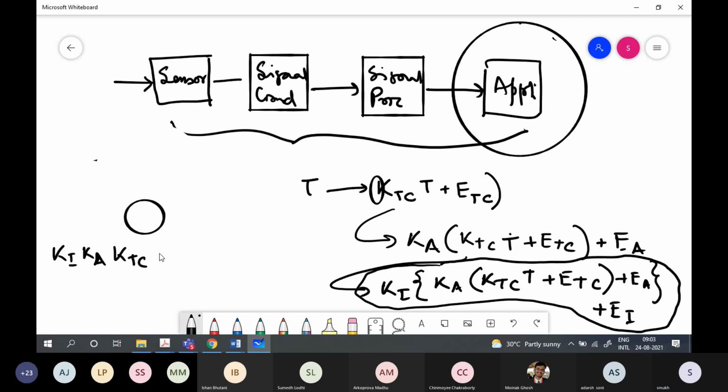KTC into T, the first term. This term is 1, because it's an indicating instrument.